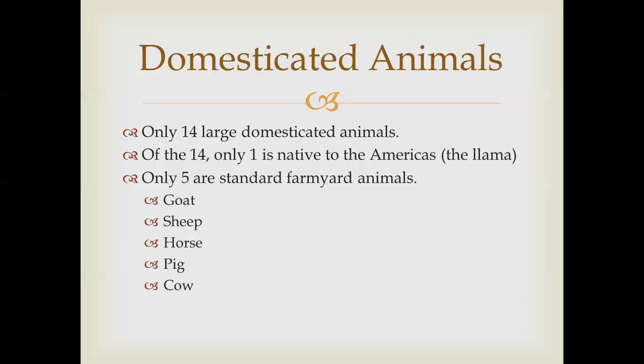And what this ultimately does is it keeps them from interacting, so it prevents the possibility of any type of disease or sickness from spreading from one group to another. Again, the llama was the only large domesticated mammal in the Americas, and that could be found in South America.